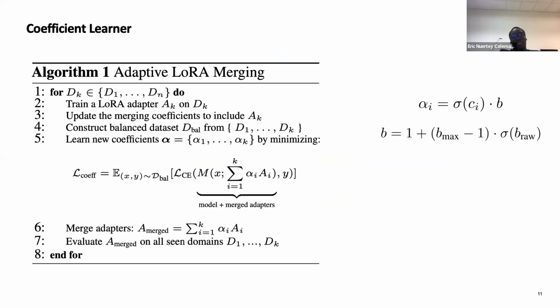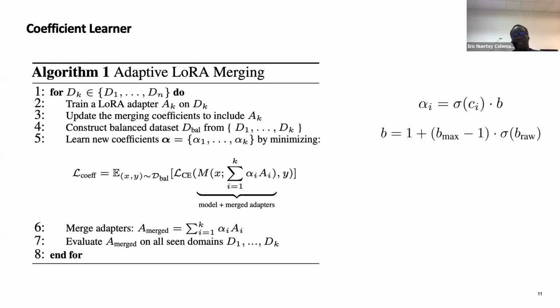So the coefficients learner is pretty simple. Given a set of domains, what we firstly do is construct this small memory buffer. The memory buffer is this balanced data set that we select, with as little as 1 sample per class per domain.